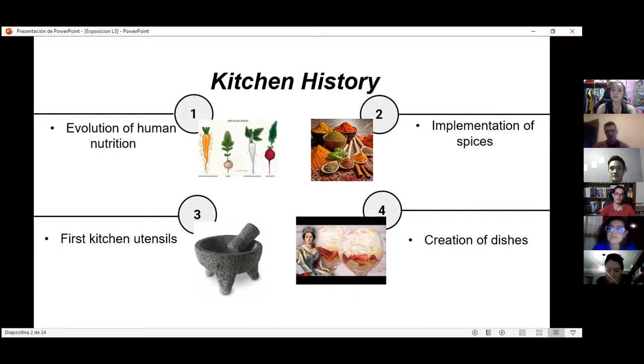To prepare the food, there was a range of spoons, how can I say, skewers, maybe. One of the older tools is the molcajete.